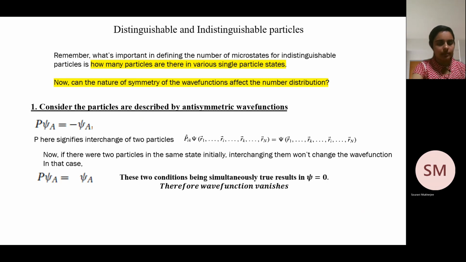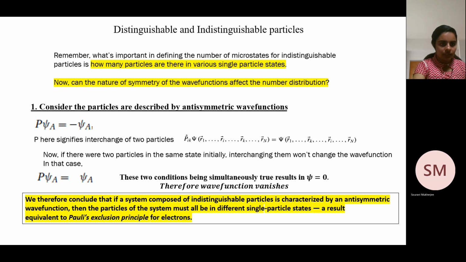So what is the message that we get from here? We therefore conclude that if a system composed of indistinguishable particles is characterized by an antisymmetric wave function, then the particles of the system must all be in different single particle states. This result is equivalent to the Pauli exclusion principle for electrons.